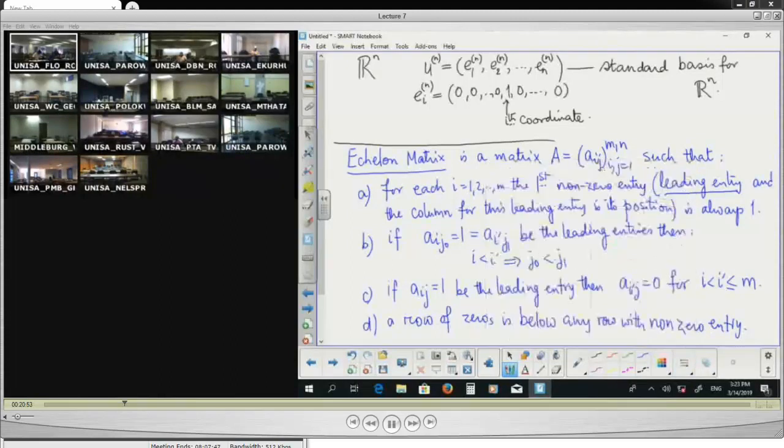So if you replace this by... so everything in that column, okay, is 0, then you shall call it a reduced echelon matrix. Okay? That's the only difference. Reduced or row reduced or whatever. Okay?